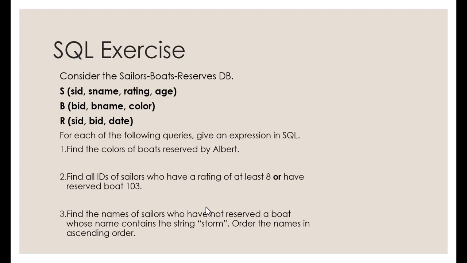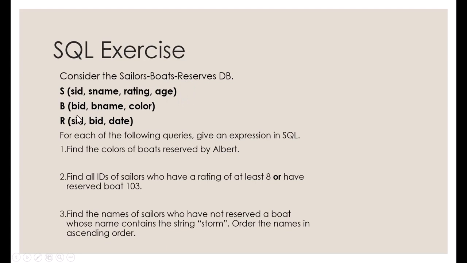Now we are dealing with a new database. We have sailors, boats, and reserves. You can spell out the whole thing, but just because it's easier, I turned it into S for sailors, B for boats, and R for reserves. This is the sailor's ID, sailor's name, the sailor's rating, and their age.